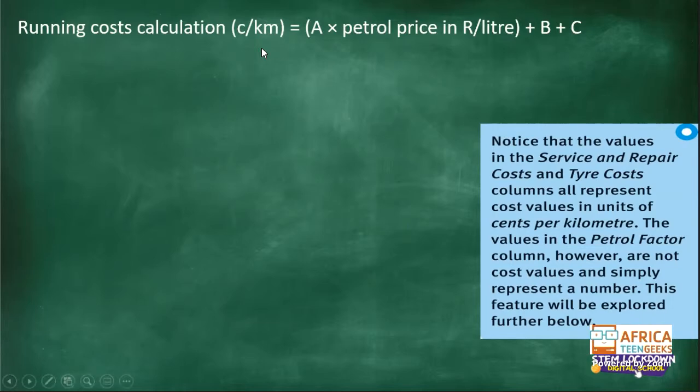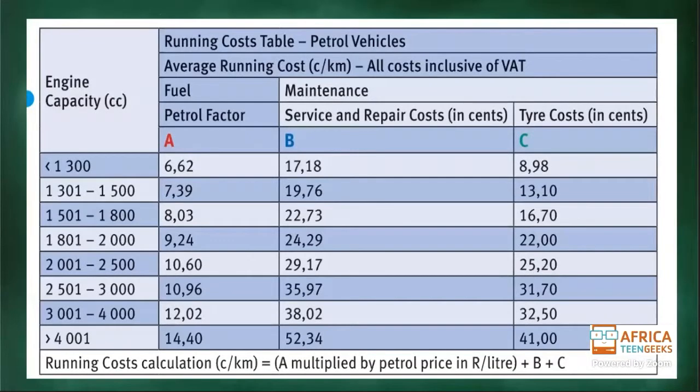So we'll know how much the car costs per kilometer. What we do is take that column A, and multiply it by the petrol price per liter. Remember that column A that I'm talking about is the petrol factor.